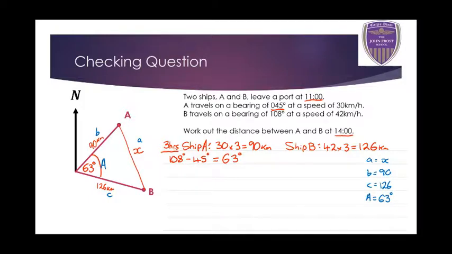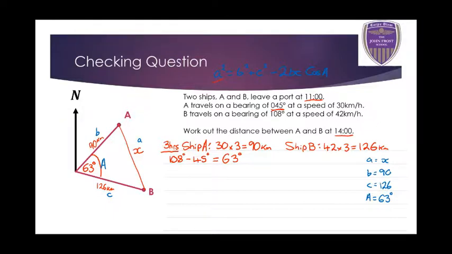You might have looked at the formula. If you can remember the formula by now, very well done. The formula is a squared equals b squared plus c squared, take away 2bc cos of A. So let's substitute that in.